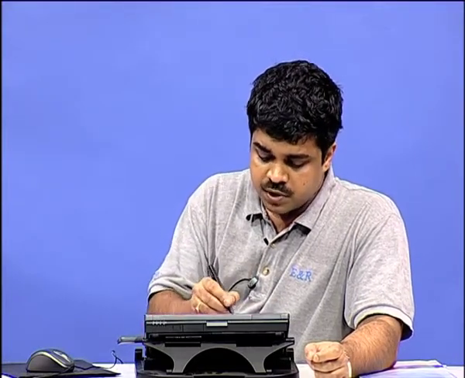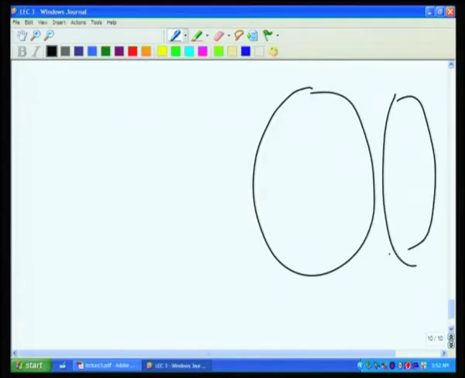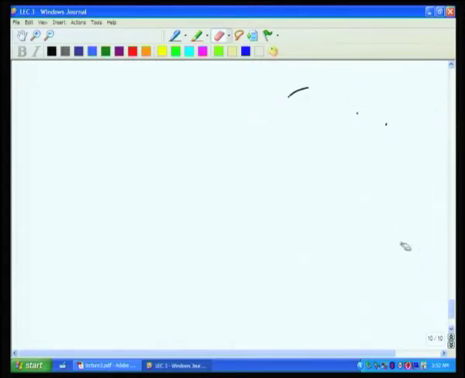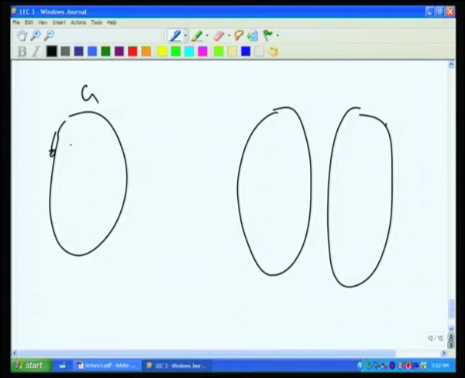So, what am I going to do? Suppose you constructed a bipartite cover of a graph. This is the graph G, a directed graph, and we see a cycle cover of this graph, suppose something like this, right.